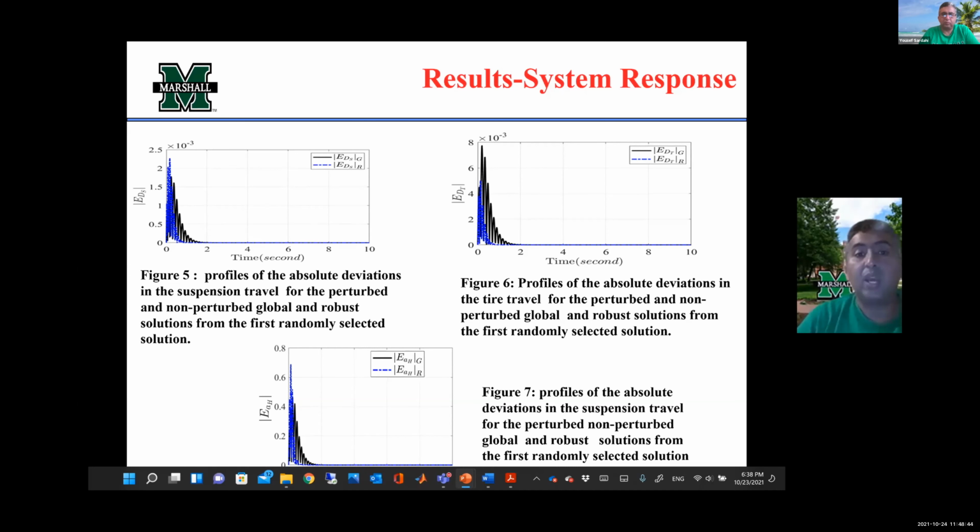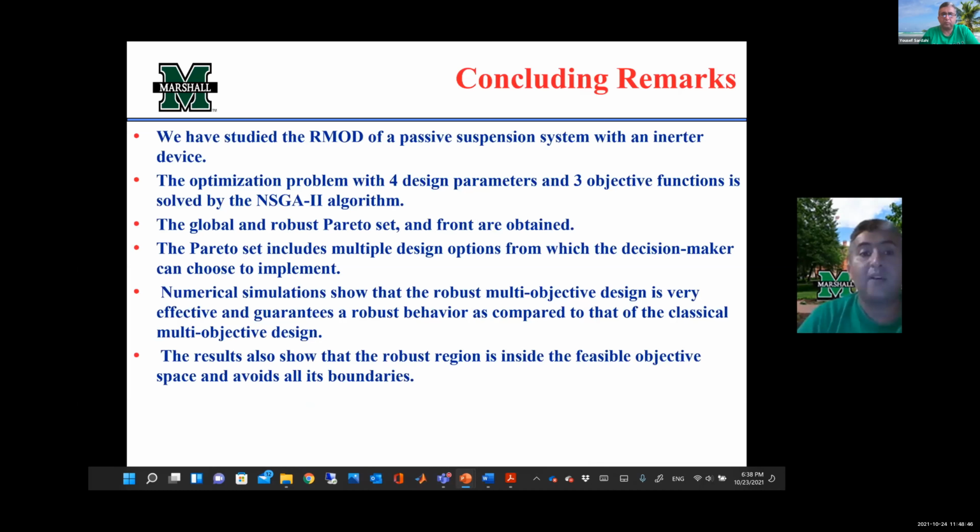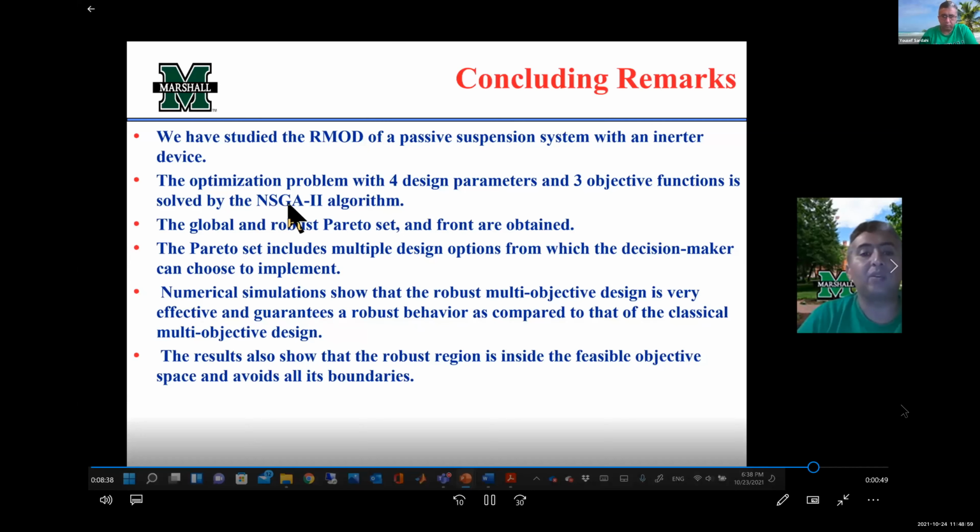So we have studied the robust multi-objective optimal design of a passive suspension system with an inerter device. The optimization has only 4 design parameters and 3 objectives, solved by one of the popular multi-objective optimization algorithms, the non-dominating sorting genetic algorithm. The global and robust Pareto fronts were obtained.